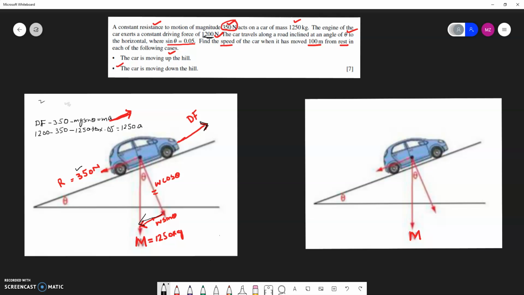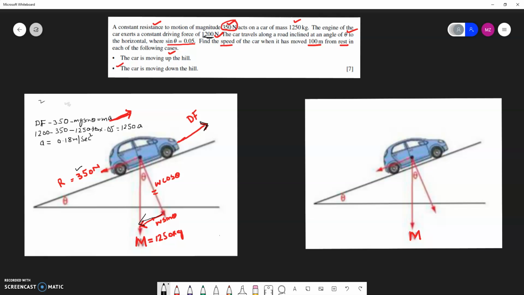So we get an equation in a. Simplifying this equation, the value of a will be 0.18 meters per second squared. This is the acceleration of the car when it is moving up the inclined plane.